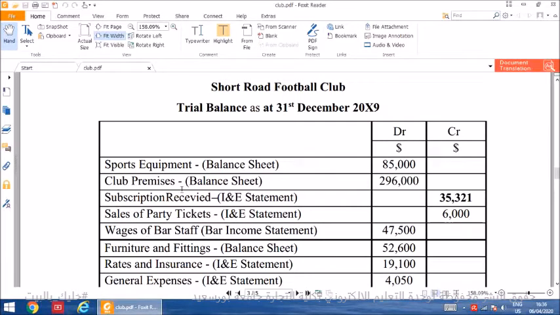And we need here to distinguish, to differentiate between the balance sheet, the income and expenditure statement for the club as a whole, and the bar income statement for the special purpose.